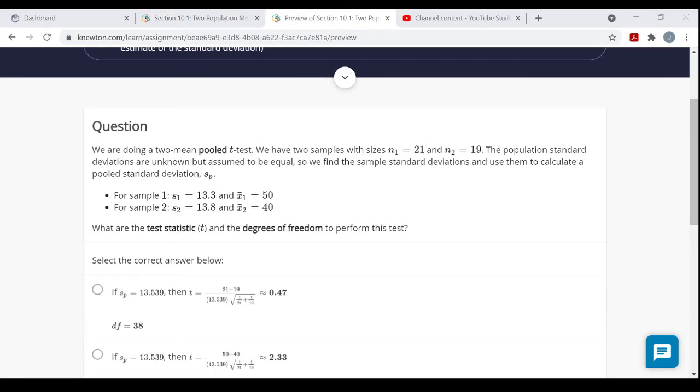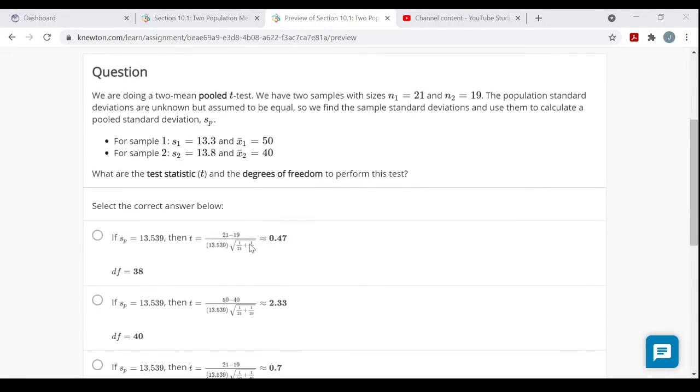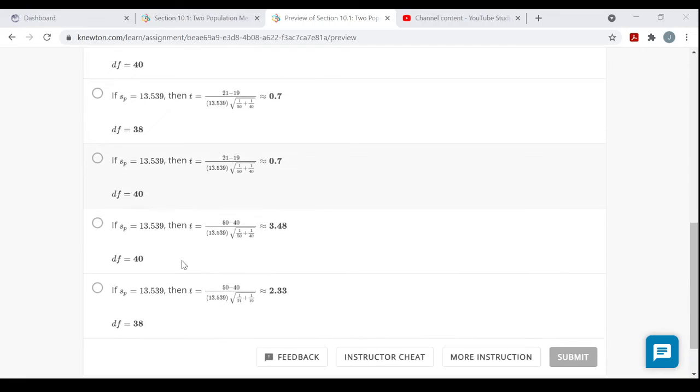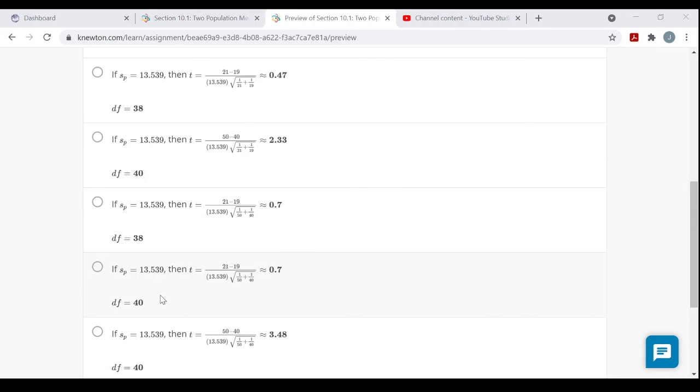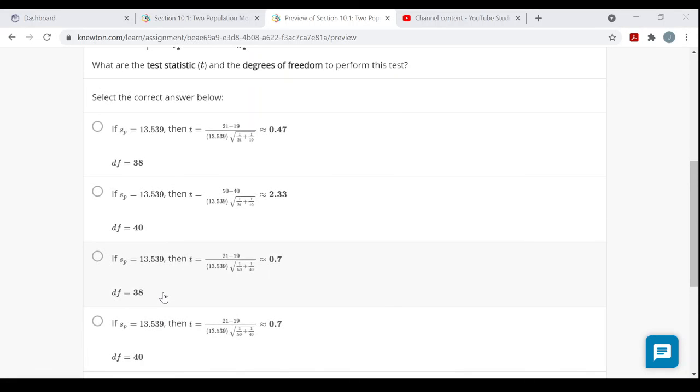Let's go back. Now it's a multiple choice one. Every single one of them has Sp equals 13.539, so they found Sp for us, and we found it also as 13.539 on the calculator.